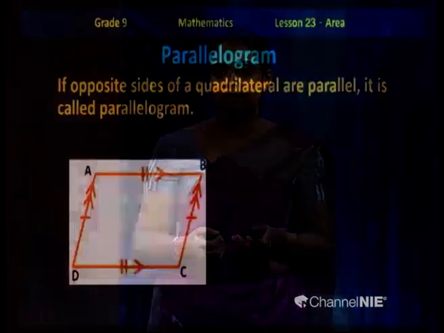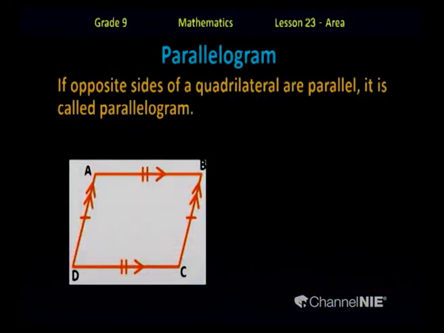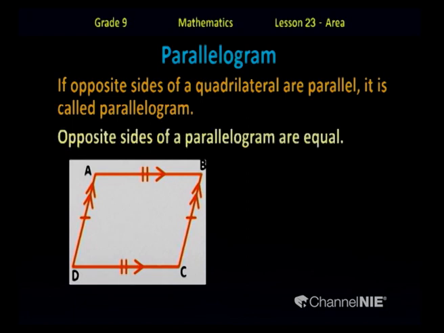Then we are going to find out the area of a parallelogram. What is a parallelogram? You know parallelogram. Opposite sides of a parallelogram are equal, and we can define parallelogram in this way.